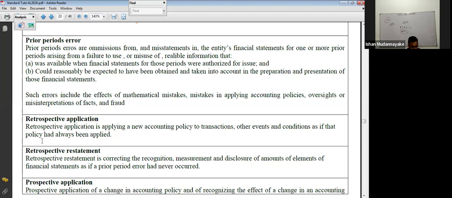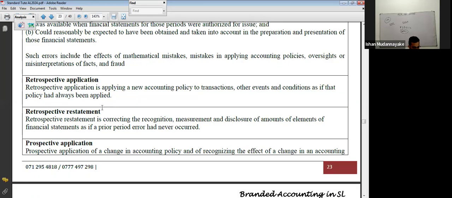It means now we are in the 2024 financial year, but if we change our accounting policy to the weighted average cost method, then since we started our business in 2015, we have applied that method since 2015. From 2015 we need to adjust our financial statements impact to stock. That is retrospective adjustment.